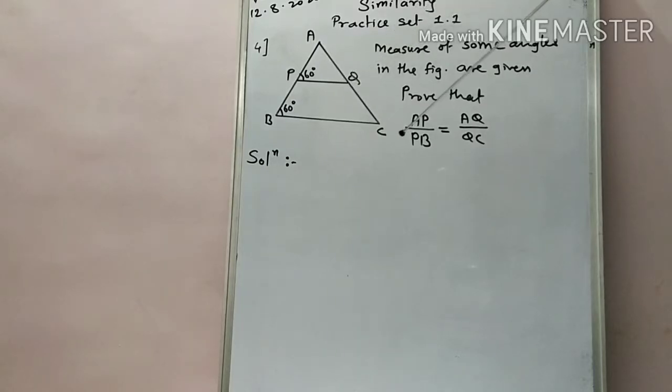AP upon PB means AP and PB, the two parts of side AB, and AQ upon QC means AQ and QC, the two parts of side AC. And when can we say the ratios of these two parts are the same? Yes, when PQ is parallel to BC.